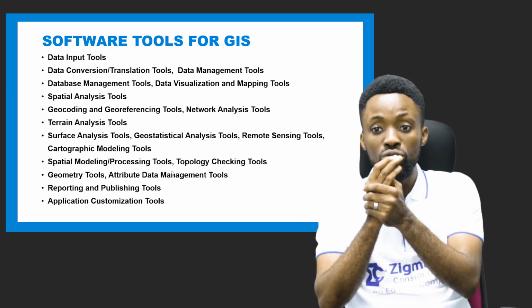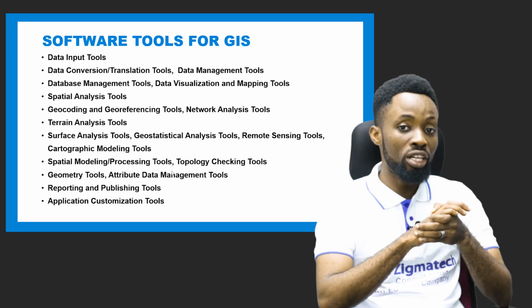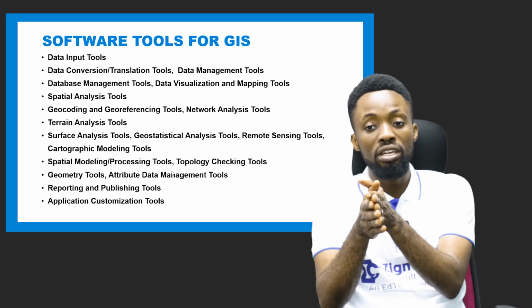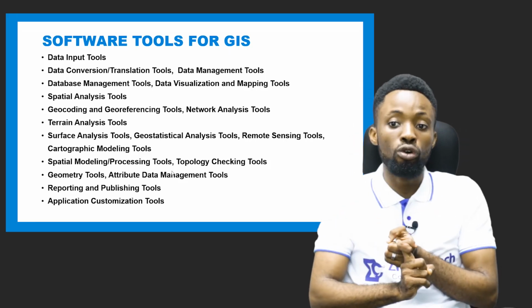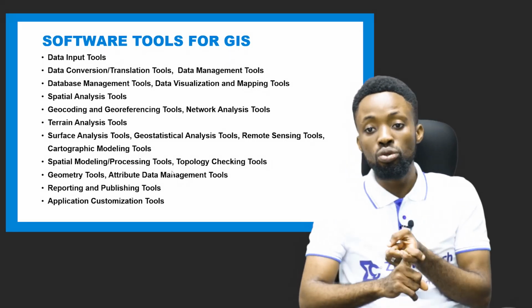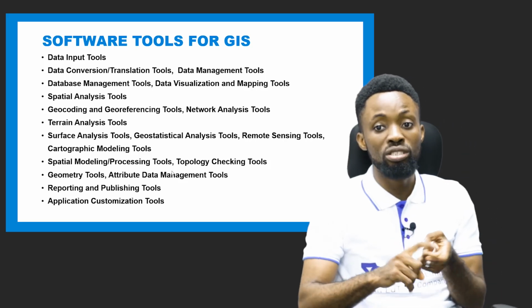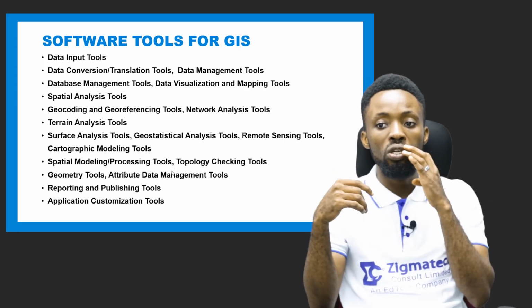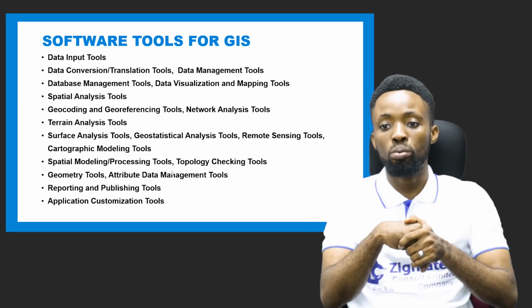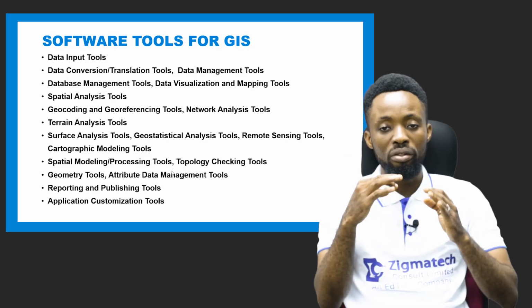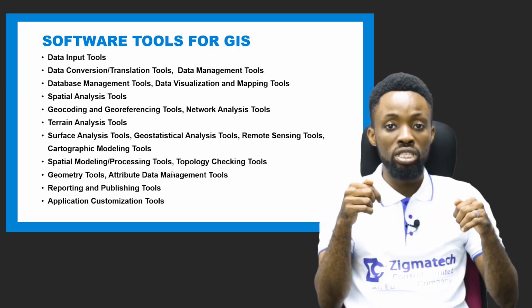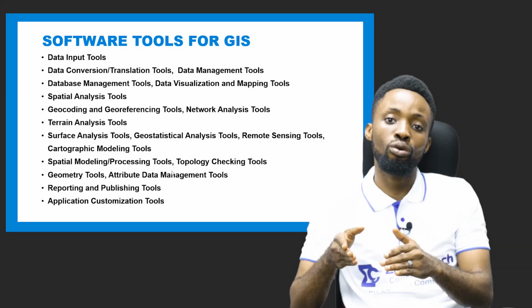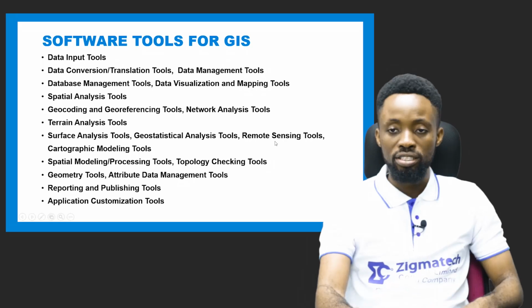We have tools for mapping, tools for geocoding and georeferencing, tools for spatial analysis, tools for terrain analysis, tools that we use for customization of application, tools for attribute data management, tools for spatial modeling and processing, and tools that we use to check the topology of a particular thing. All of these are seen as software tools that can be used for GIS.